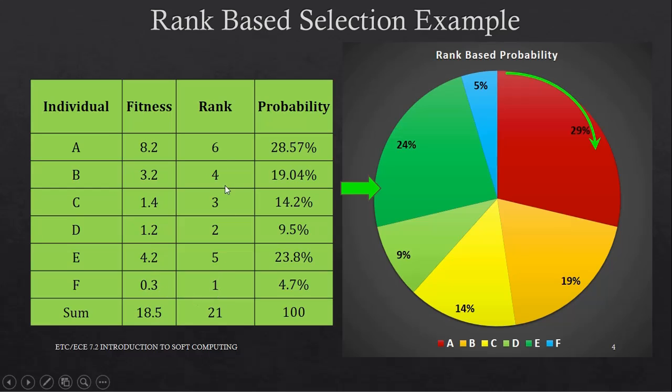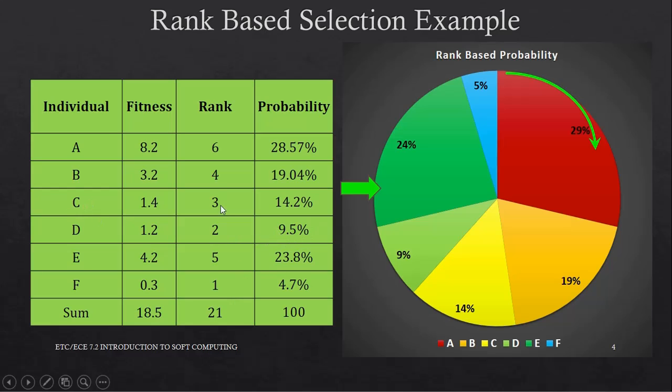Now we have to calculate the area or the probability. The total sum of ranks is 1 plus 2 plus 3 plus 4 plus 5 plus 6 equals 21. The lowest fitness individual F deserves 1 share out of 21 divisions. That gives F 4.7% area on the wheel. The next higher fitness individual D gets 2 out of 21, that is 9.5%.